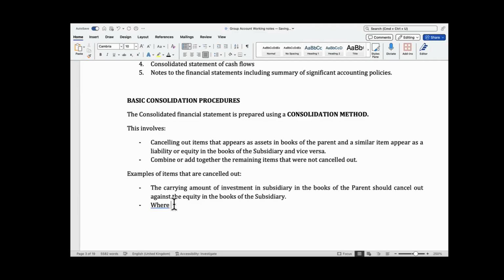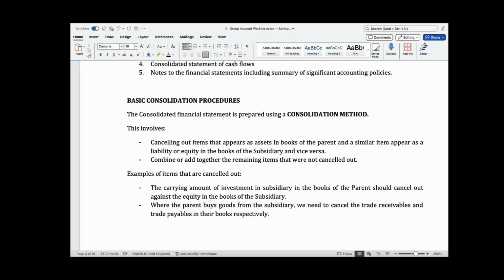Another example is where the parent buys goods from the subsidiary. You need to cancel out the trade receivables and trade payables in their books, respectively. Because they are the same item, where the parent buys goods from the subsidiary, you might find one of them having trade payables and another having trade receivables.